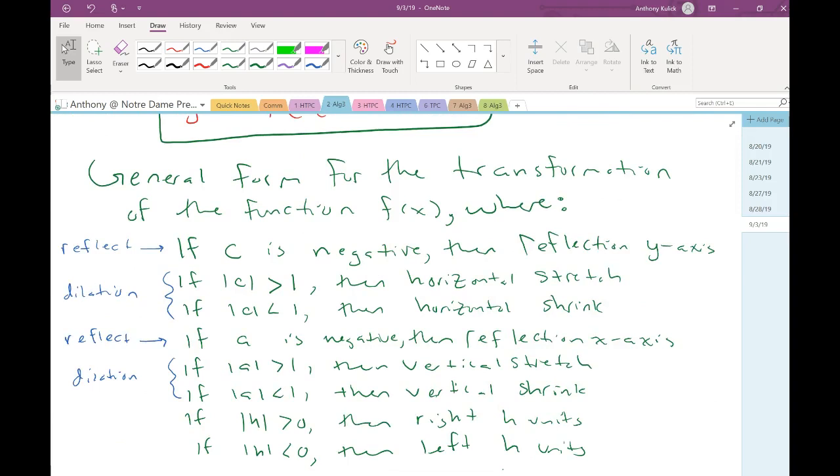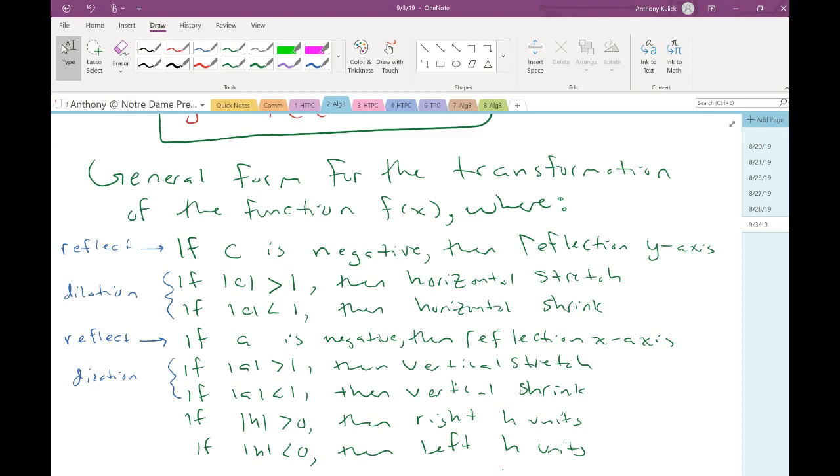Now we have to write our rules a little bit carefully. The sign of C, whether it's positive or negative, controls the reflection. And then the magnitude of C, how close the absolute value of C is to 1, controls whether it's a stretch or a shrink.